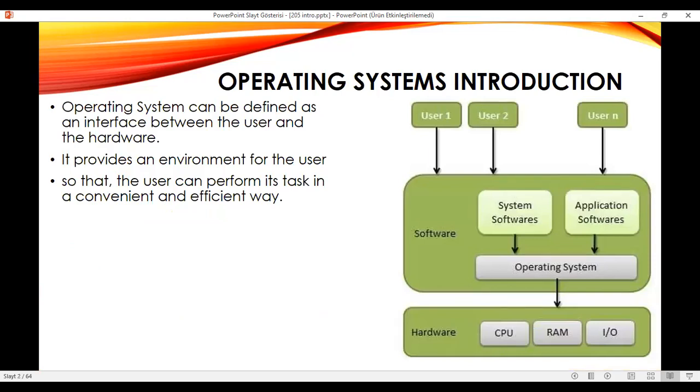So I will start from the operating systems introduction. An operating system is a kind of interface between the user and the hardware. The user can be someone like us, or a computer itself or a robot.